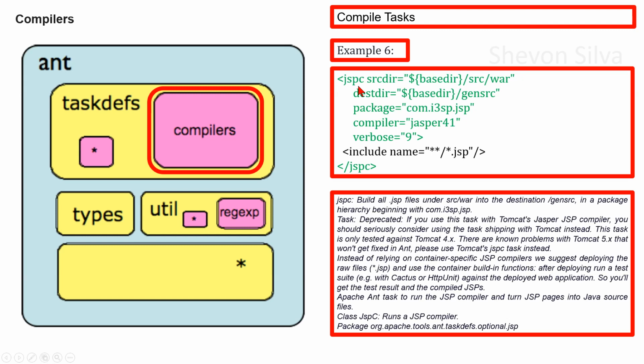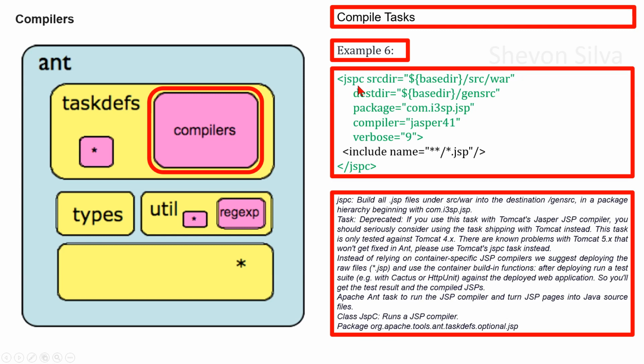Instead of relying on container-specific JSP compilers, we suggest deploying raw *.jsp files and using the container's built-in functions. After deploying, run a test suite, for example with Cactus or HttpUnit, against the deployed web application. So you will get the test result and compile the JSPs.